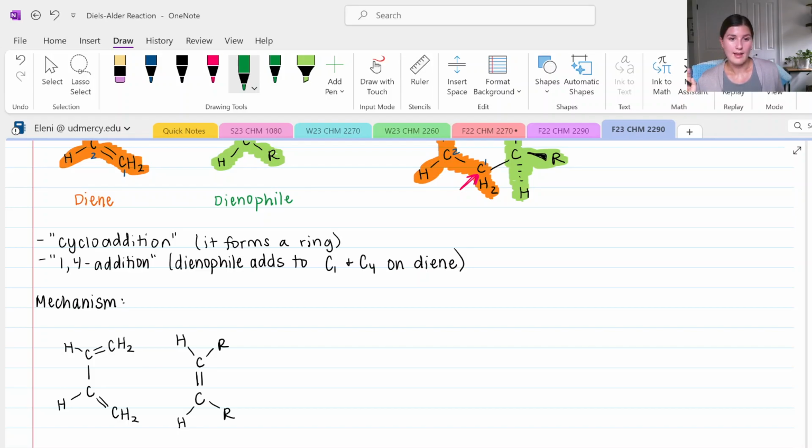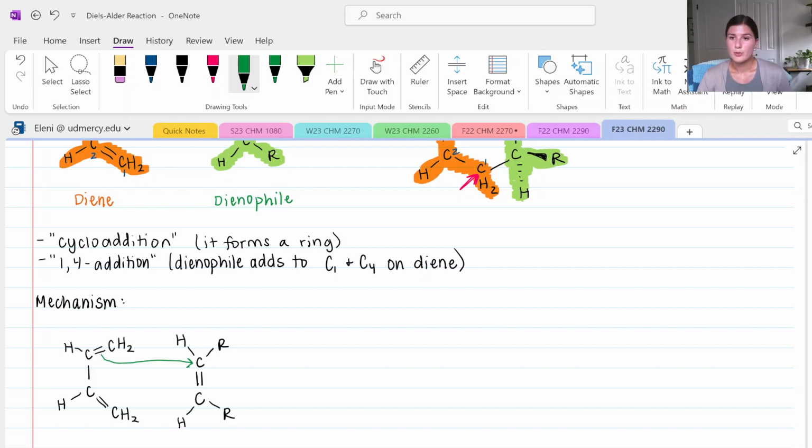So one of the double bonds in the diene, I'm going to choose the top one, will form a new bond to one of the carbons in the dienophile. Those pi electrons can donate to that carbon, and that creates a new single bond between the carbon on the end of the diene and one in the dienophile.